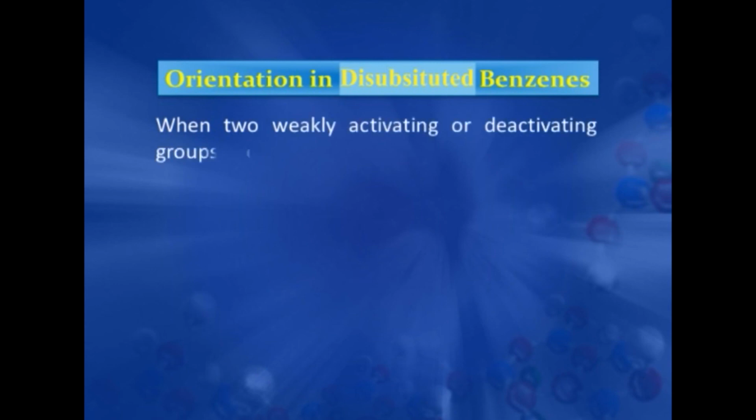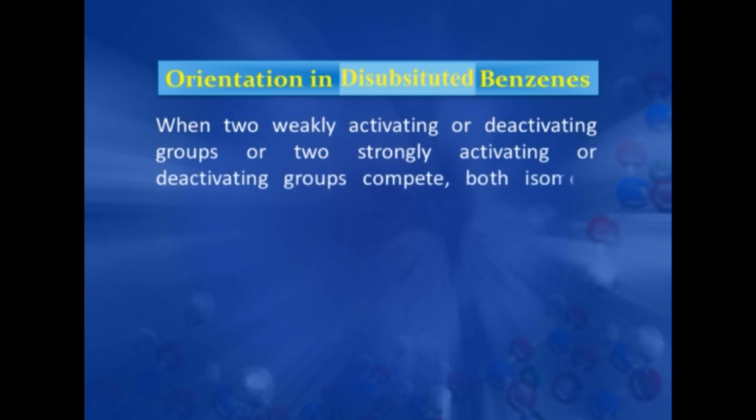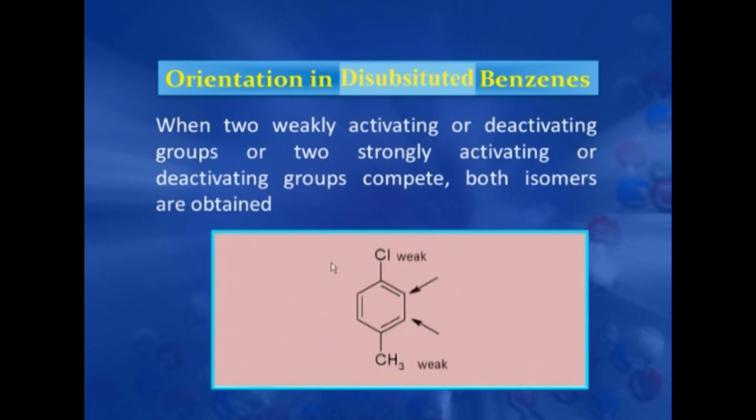Now the fourth case: when two weakly activating or deactivating groups, or two strongly activating or deactivating groups compete, then both isomers are formed. This means when the two groups present are of the same nature, for example chlorine and methyl, this is weakly deactivating, this is weakly activating, but both are ortho and para directors.